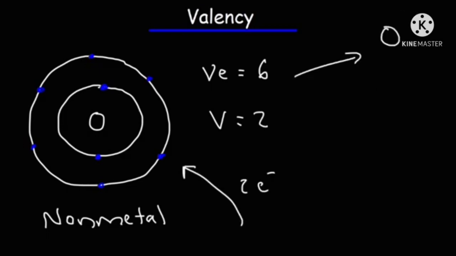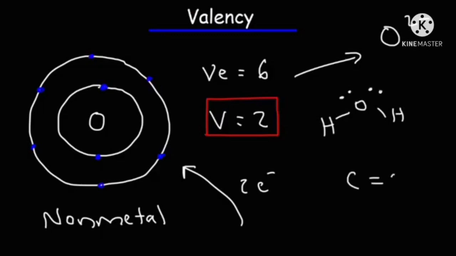Okay now, my dear children, see here, why I am writing 2 minus here, you will see in a later class. Take the example, in the initial example I told you H2O, oxygen is combined with 2 hydrogens.